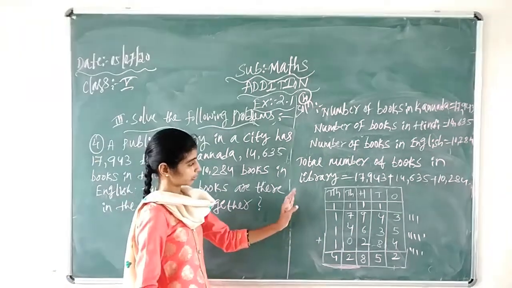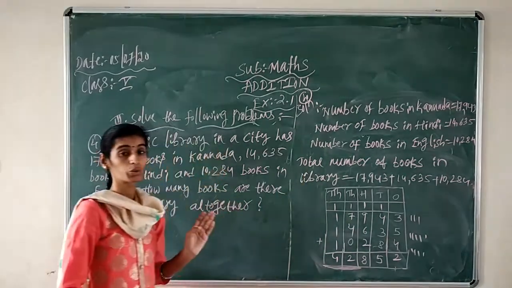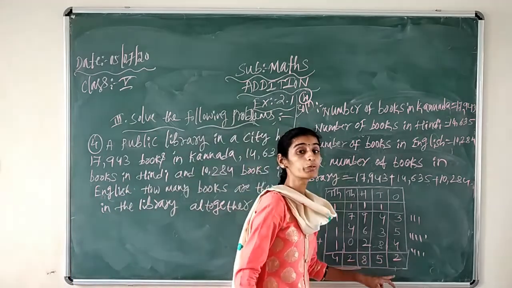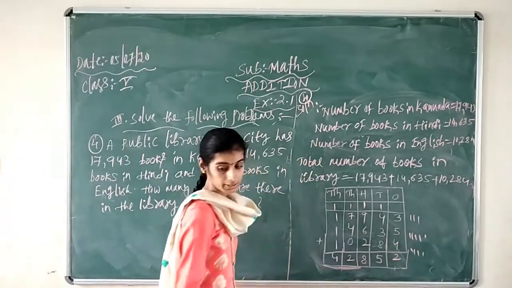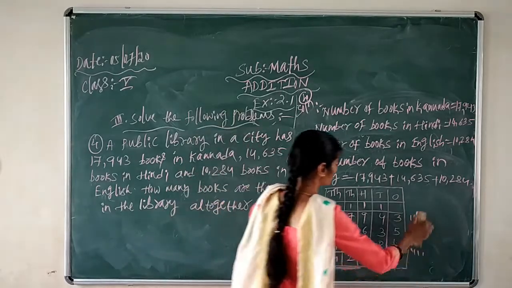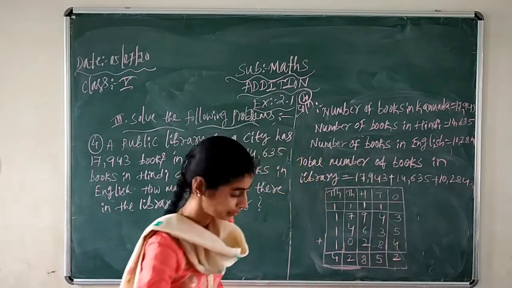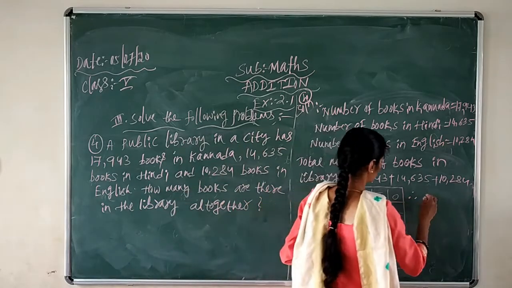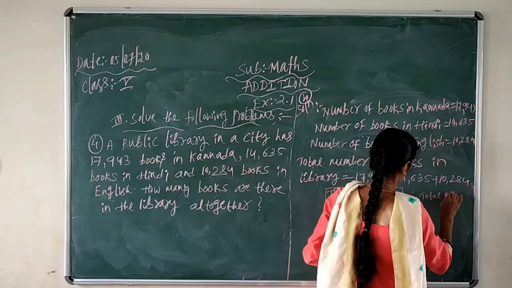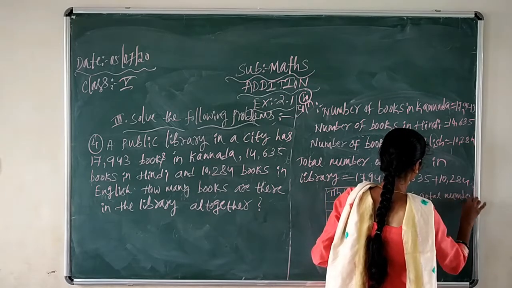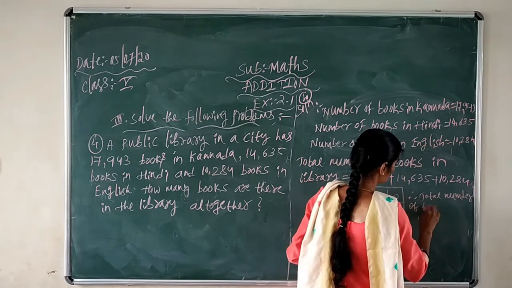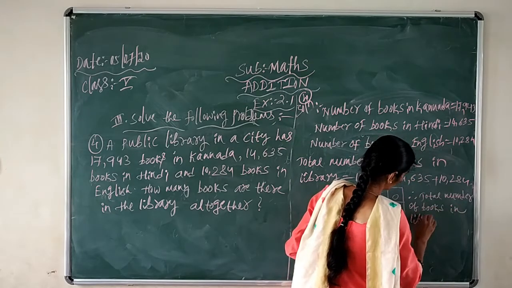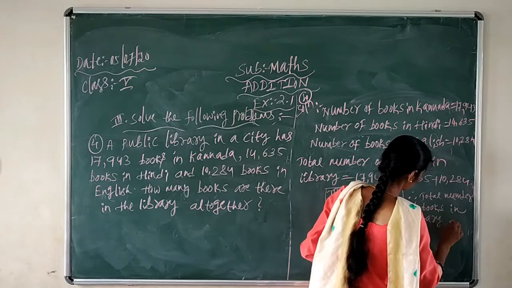So what is the total number of books in the library, children? 42,852. Then you can write the solution. Therefore, total number of books in library.